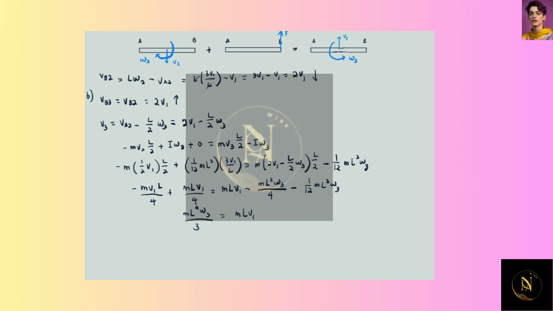So, from here, we can get omega 3. Omega 3 is equal to MLV1 times the reciprocal, 3 over ML squared. So, that would be equal to 3V1 over L, in the counterclockwise direction.